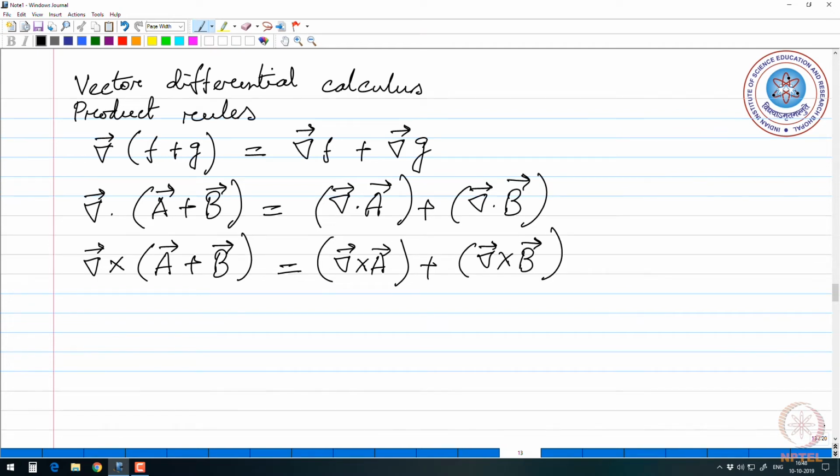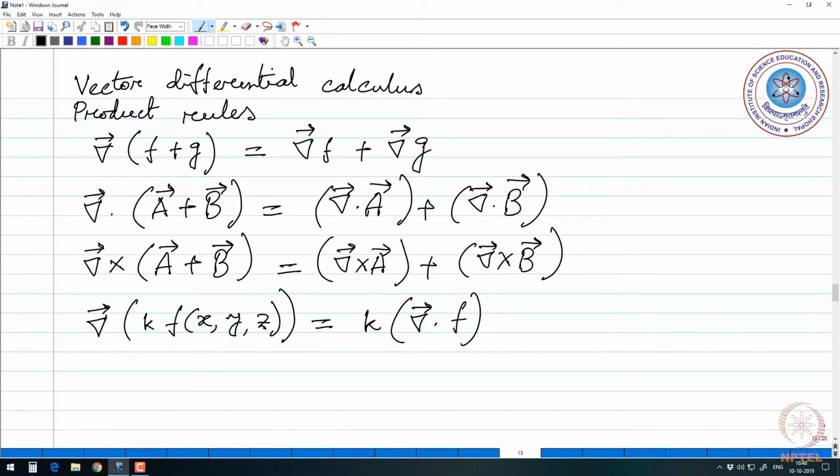Now comes the product rules. If we take the gradient of a constant multiplied by a scalar field, that is given as the constant comes out multiplied by the gradient of the scalar field. And the same thing holds for divergence.